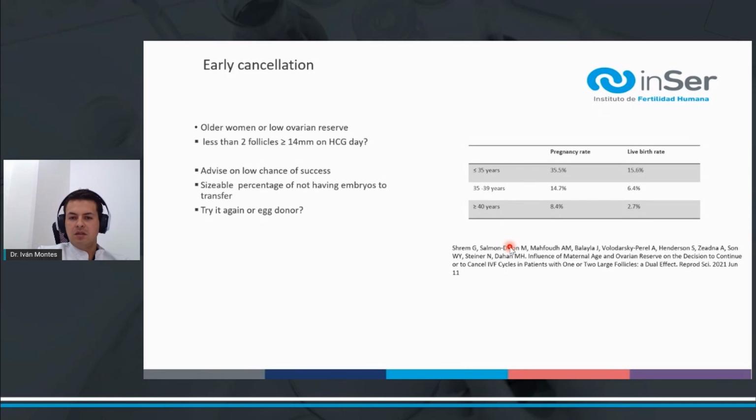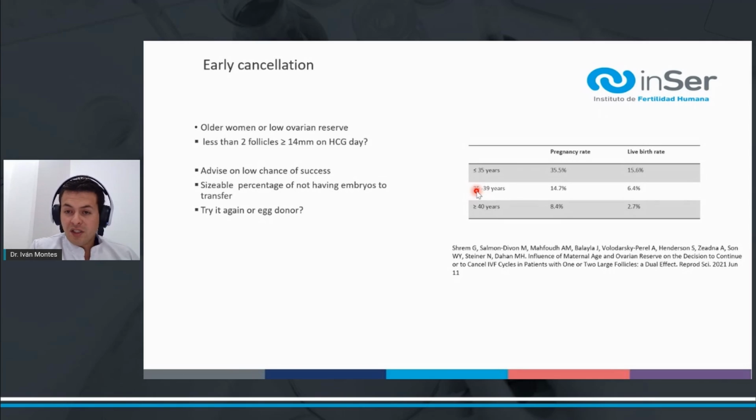Because as you can see on the right side of the screen, patients below 35 years old had a pregnancy rate of 35% and a live birth rate of 15.6%. In patients between 35 and 39 years old, the pregnancy rate was 14.7 and the live birth rate was 6.4. And in patients above 40 years, the pregnancy rate was very low, actually 8.5%, and the live birth rate was even lower.